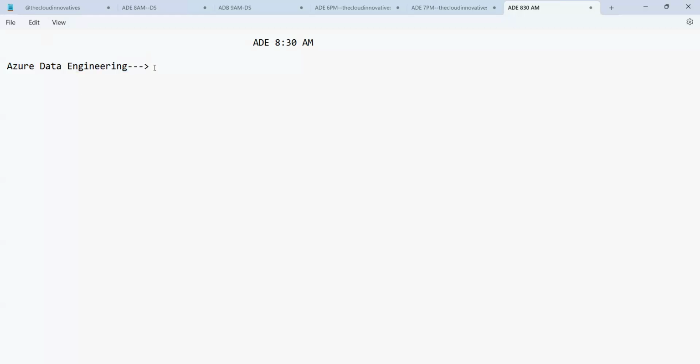So the Azure Data Engineering is the collection of the following. The Azure Data Engineering is the bunch of cloud services, everyone.